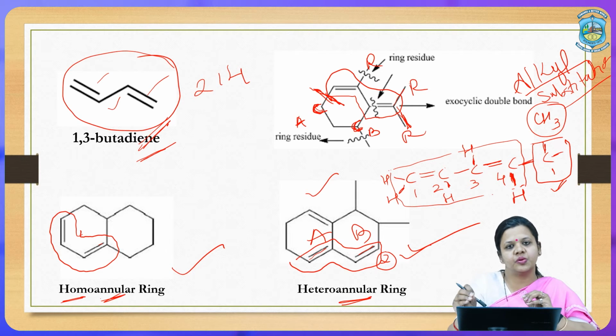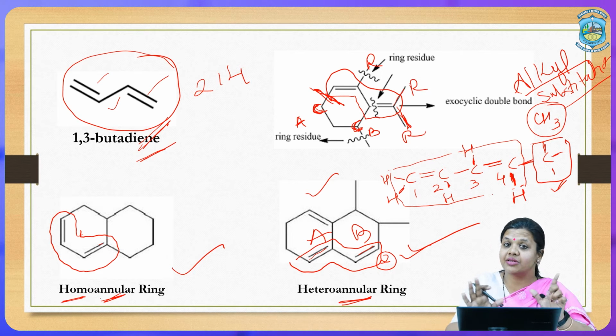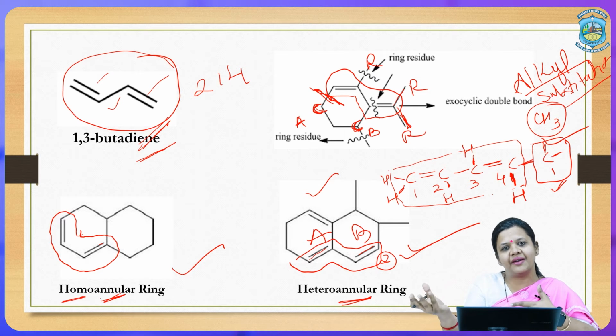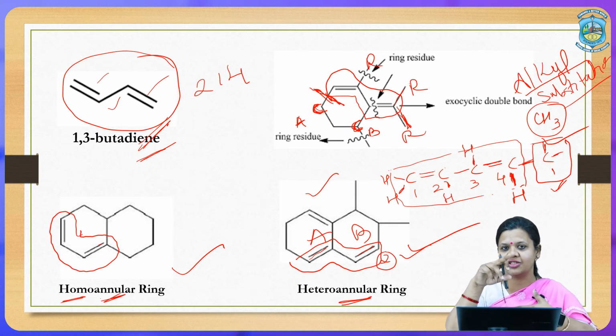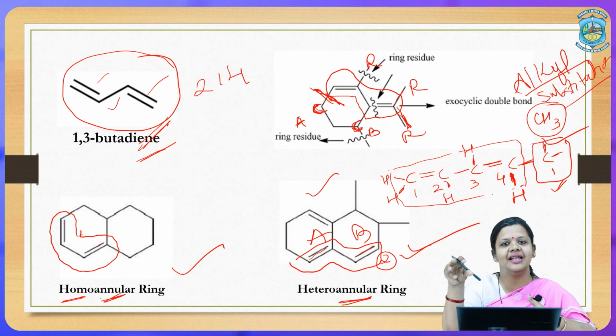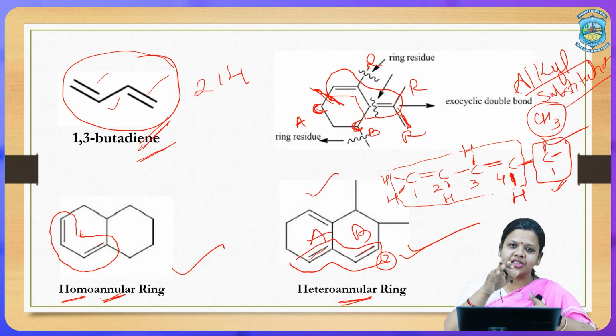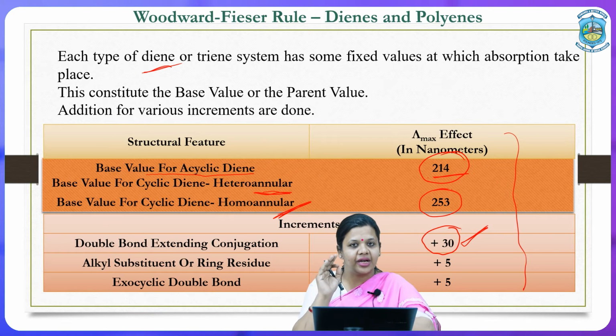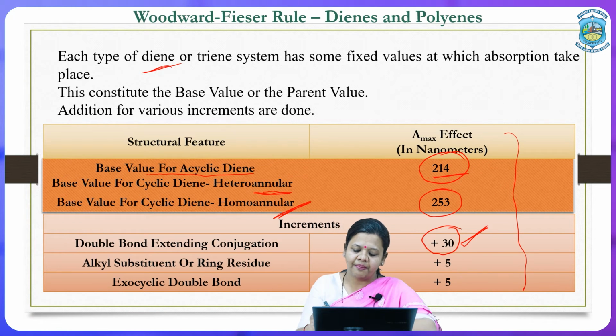So, each such position will be counted as a ring residue when you are talking about cyclic structures, and the same thing becomes an alkyl substitution when it is outside, when it is not a part of the cyclic structure. It is present separately as an alkyl group. So, alkyl group or ring residue, it is an equivalent thing. Therefore, in the table we can see that for each of such things we add plus 5 to it.